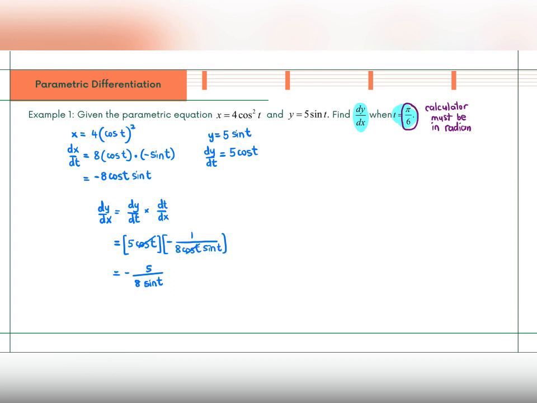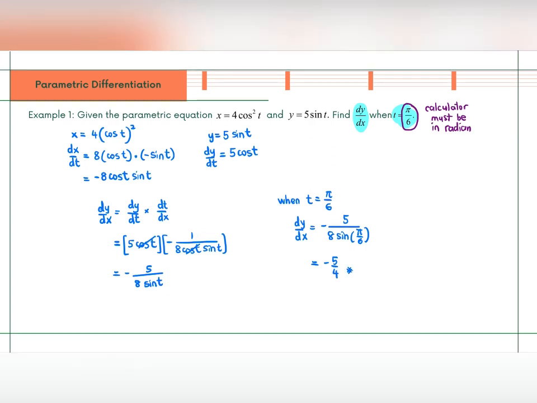So, gantikan when t equals to pi over 6. So, dy over dx is equals to negative 5 over 8 sine of pi over 6. And the result for your first derivative will be negative 5 over 4. So that is our final answer.